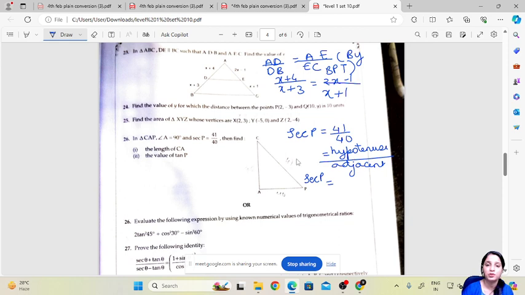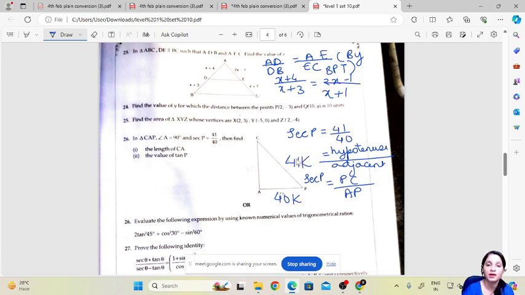So what is the hypotenuse here? PC is the hypotenuse, and which is the adjacent side of P? It is AP. So here 40 and this is 41. Now whenever it is in the ratio, we take K. K is the constant, okay?